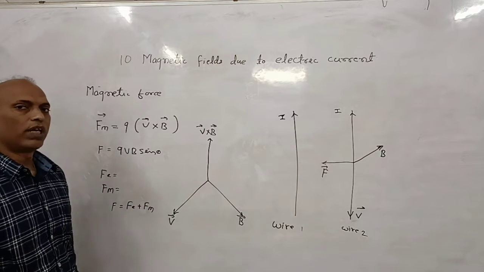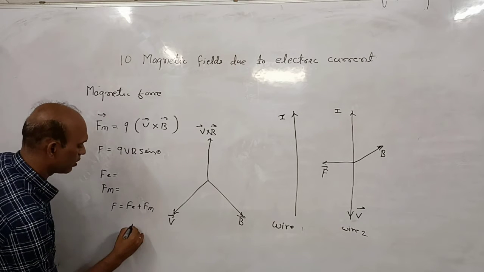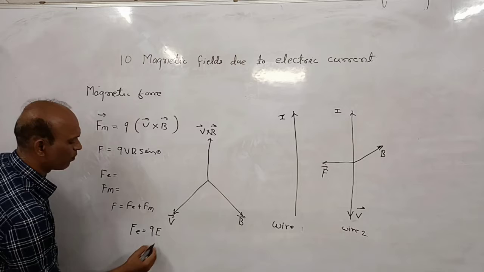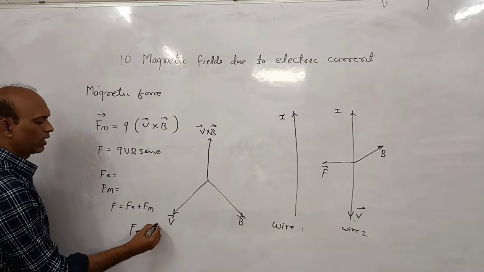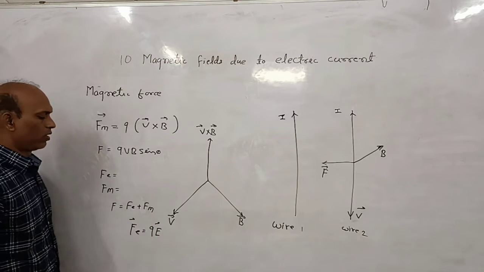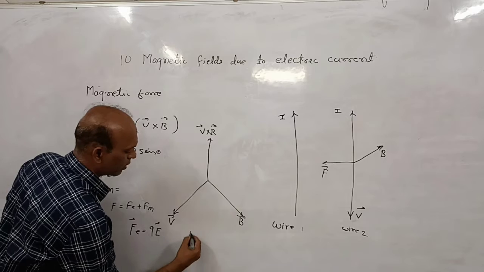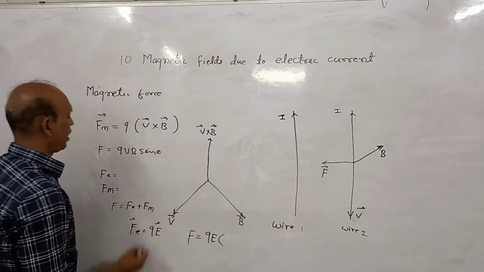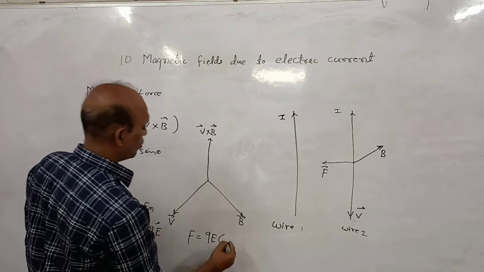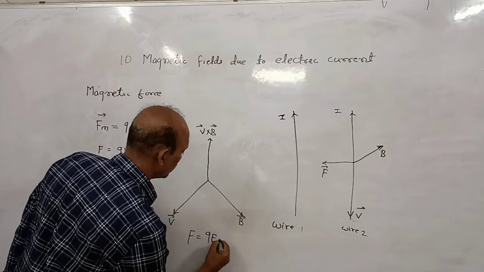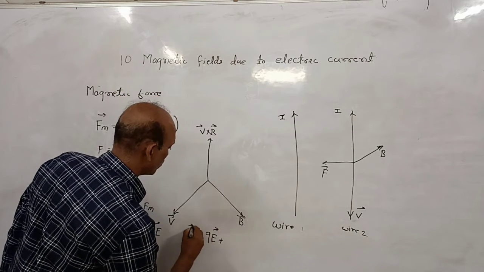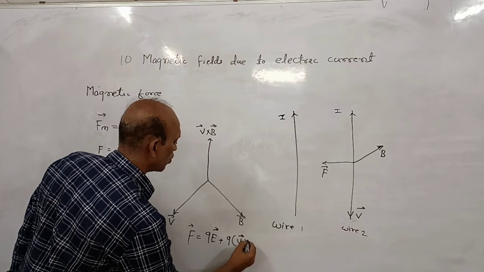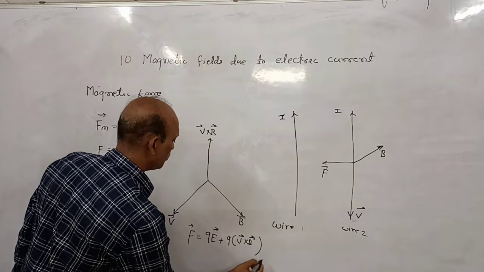The force due to the electric field is Fe is equal to QE, where Q is the charge and E is the electric field. So the total force will be F is equal to QE plus QV cross B.